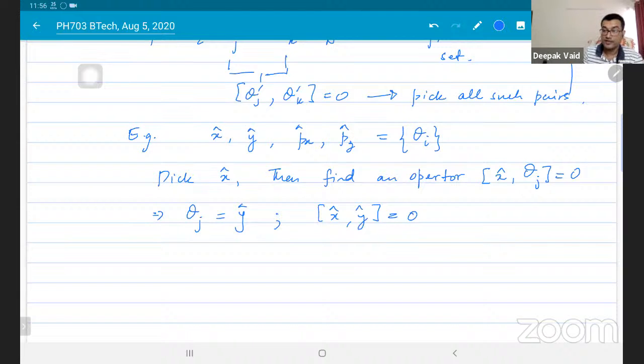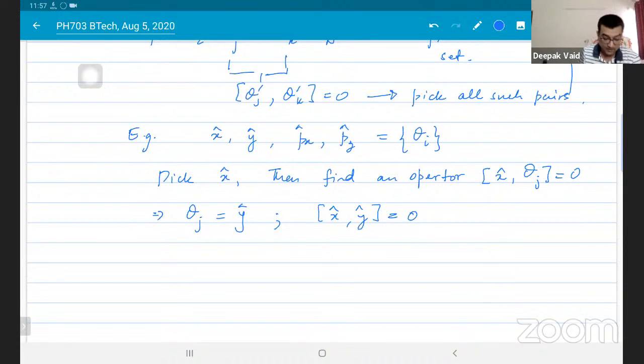Now we have to find a third operator. Is there a third operator which commutes with both x and y? Maybe there is a third operator which commutes with both of these.